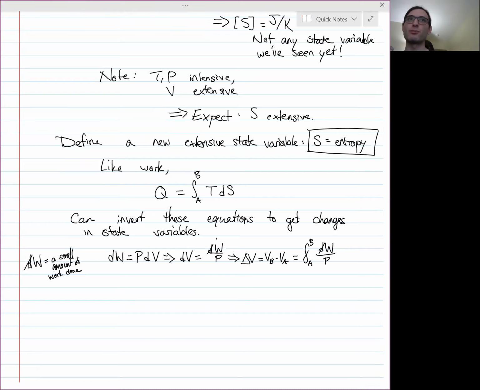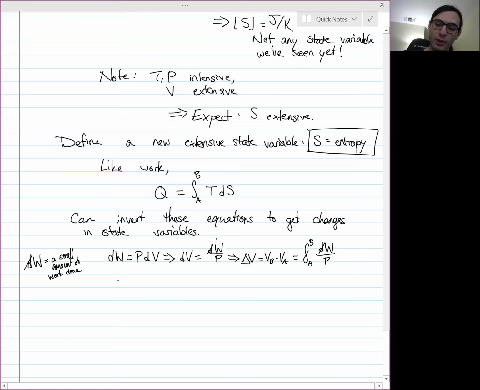This is just a small quantity of work that happens along the process. The reason this is a non-standard integral is that you're not adding up all the changes in a state variable. You're adding up an infinite number of small amounts of work done, dividing by the pressure along the way, and that gives you a change in volume.